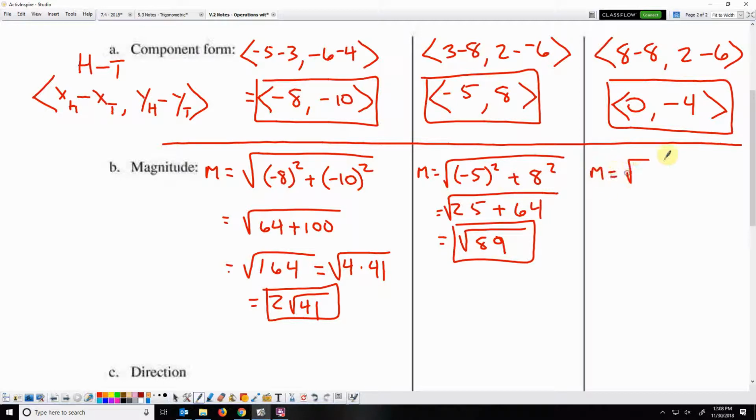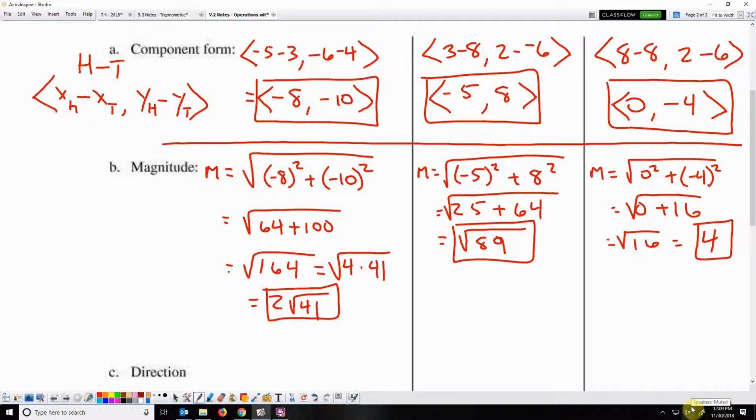And then the square root of 0 squared plus -4 squared. 0 plus 16. The square root of 16 is 4. So the magnitude of this vector is 4.